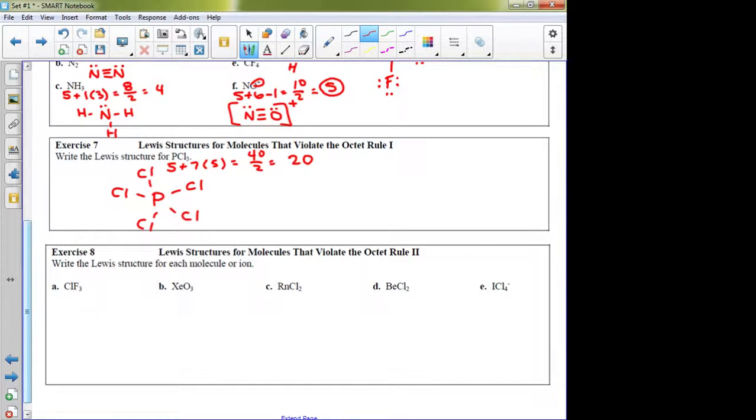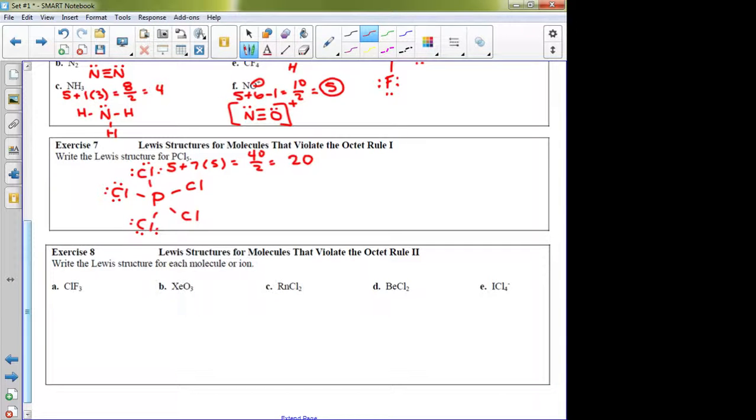Now, have we already violated the octet rule? Yes. Okay. Because I've already put 5 bonds around phosphorus now instead of just 4, which means it has 10 valence electrons. Is phosphorus in the third period or greater? Yes. So do I know that's okay? Yes. What's my next step? There you go.